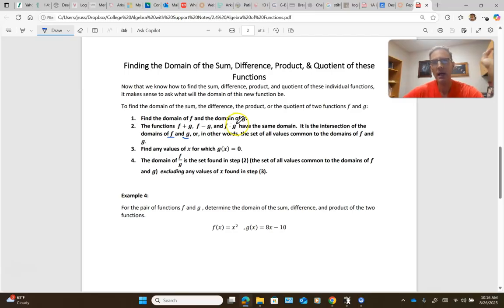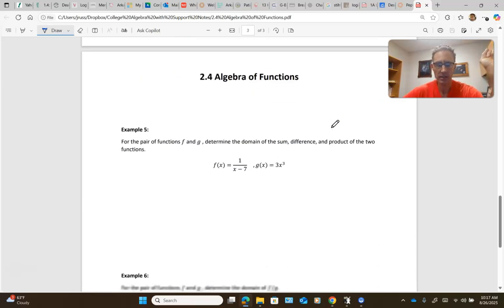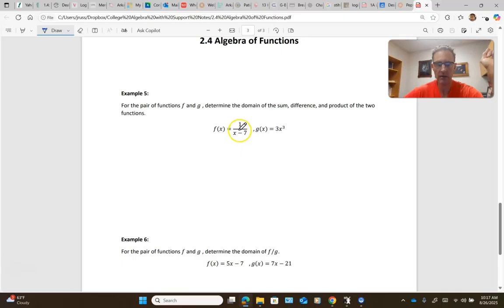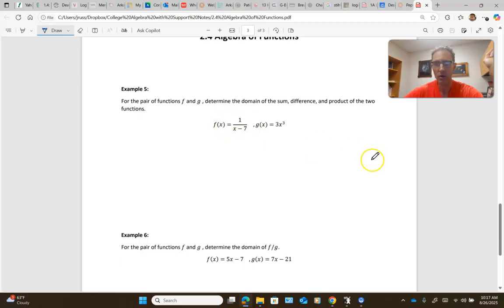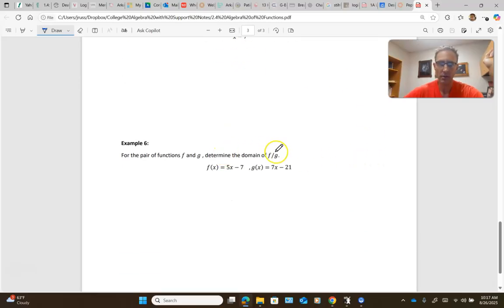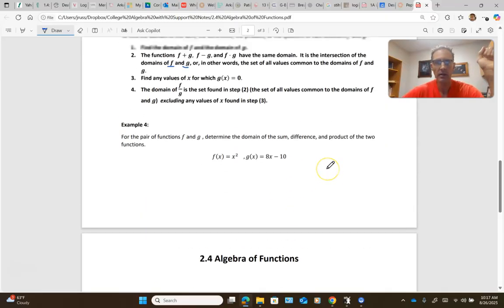The only time you have to be careful is whenever you see an instance like this guy right here. Basically when you have an x in a denominator in one of your functions, or if you're finding the quotient of two functions, then one of these functions is going to become the denominator, and you'll have an x in the denominator again. That's really the thing you're looking out for.